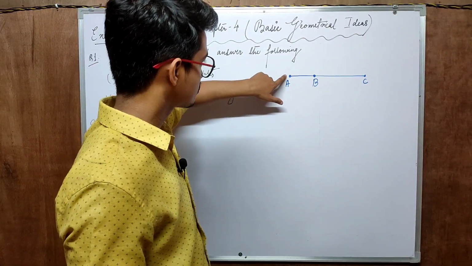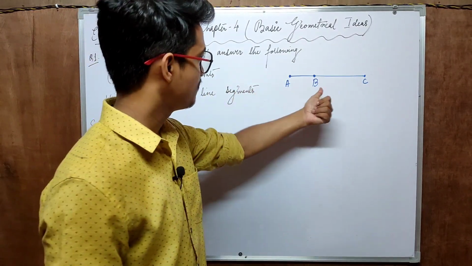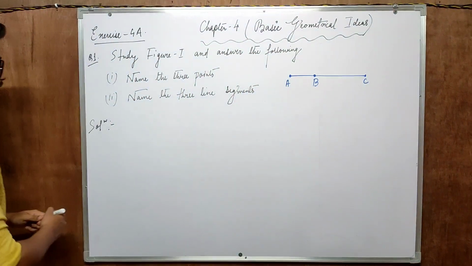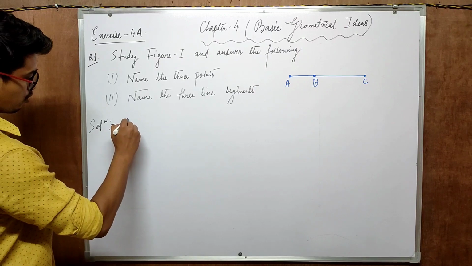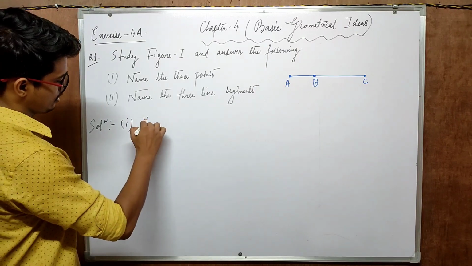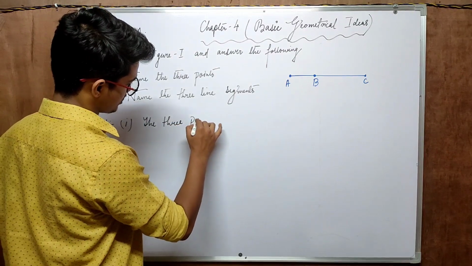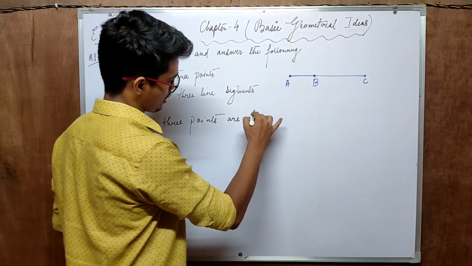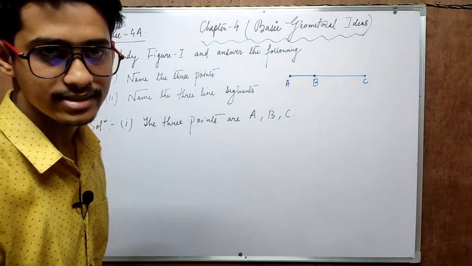A is the first point, B is the second point, and C is the third point. So how will I write it? Solution 1: the 3 points are A, B, C. I hope it is clear.